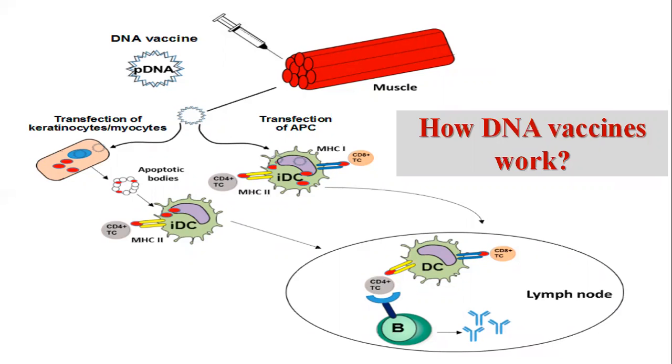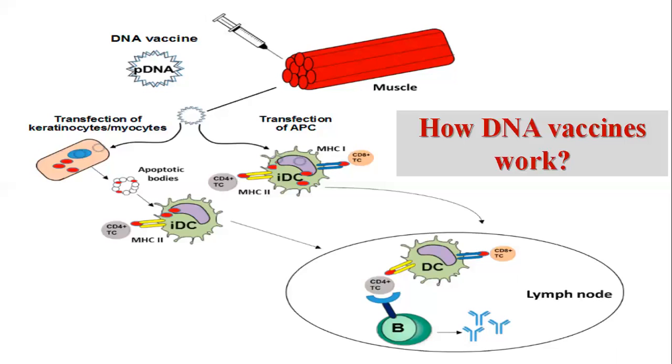So the plasmid DNA, here you can see this is the plasmid DNA, pDNA, is applied either systemically or topically, that is by intramuscular injection, and transfected. This will transfect this DNA after entering into the muscle cell or else into the skin cell.